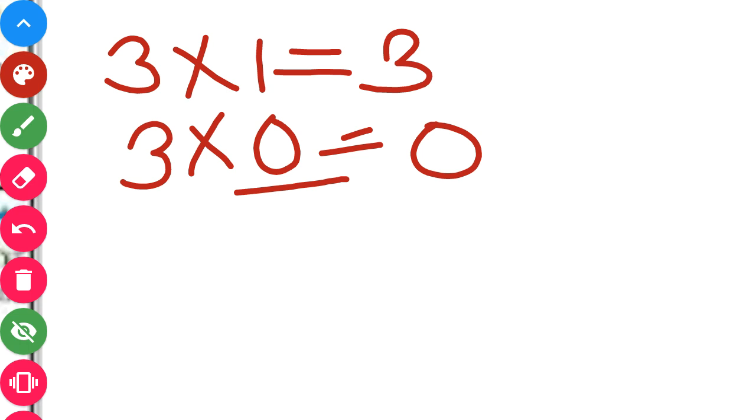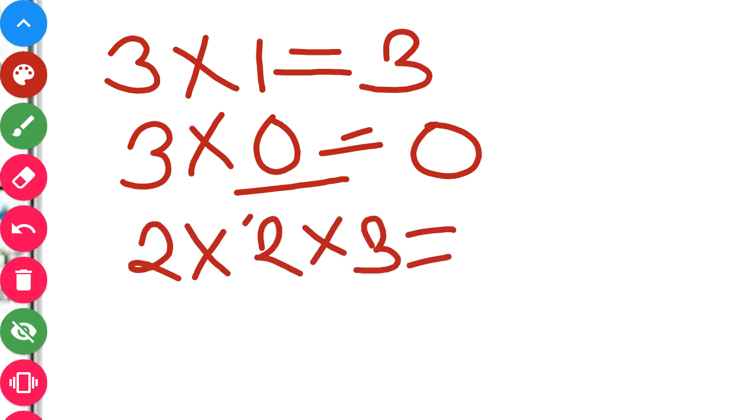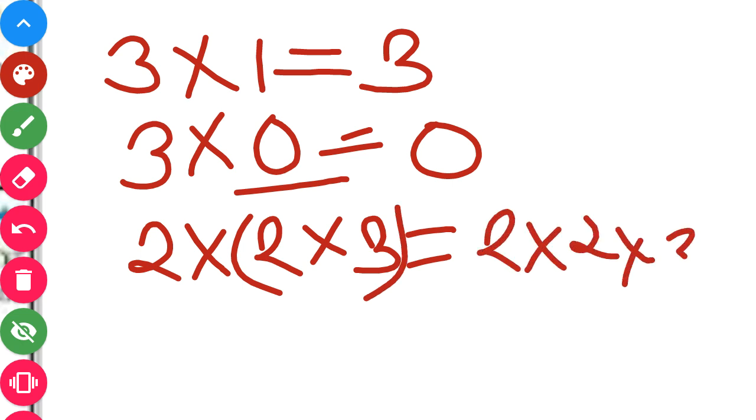Now, third is property of regrouping. 2 into 2 into 3 is equals to 2 into 2 into 3. यहाँ पे रीग्रुप हमने दो अलग तरीके से किया, बट हमारे आंसर सेम आएंगे. Okay.